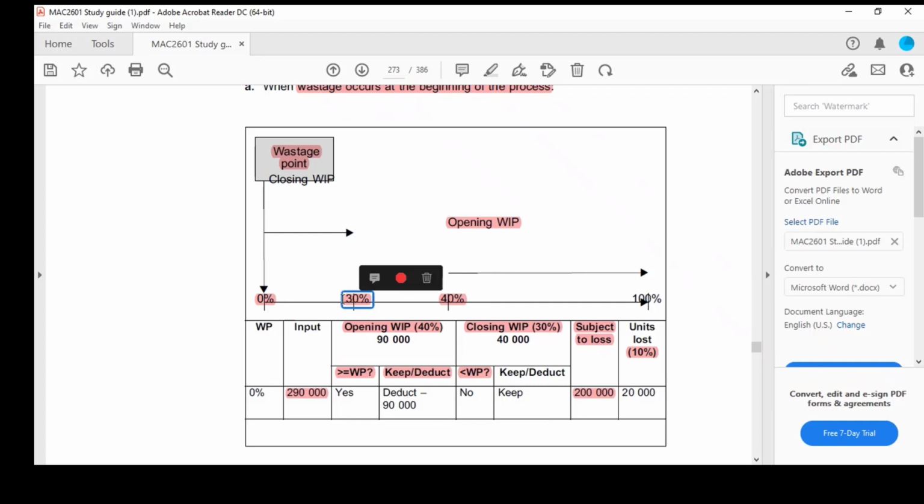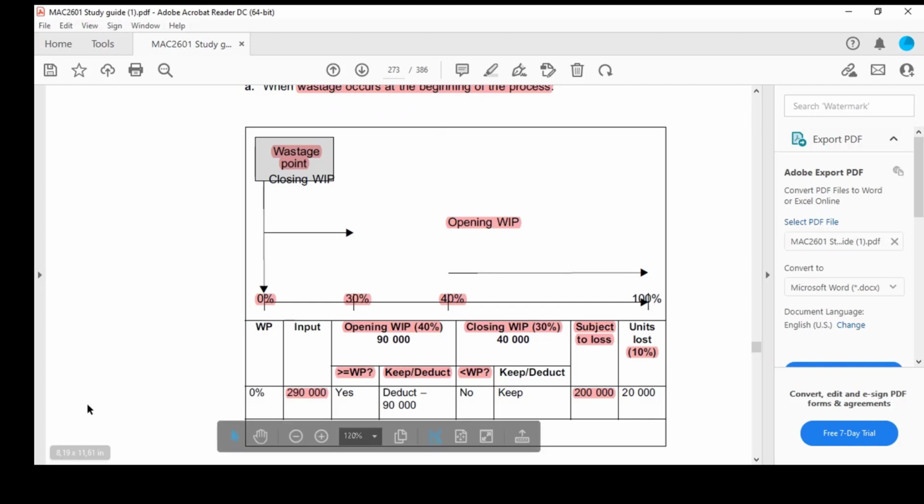They're saying the closing WIP, is it less than, meaning is it before the wastage point? Remember, when they're saying greater than, it's coming from another process. When it's greater than, does it pass the wastage point? If it did pass, that means that it's not going to be subject to loss.